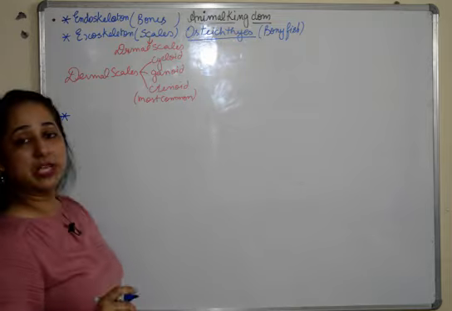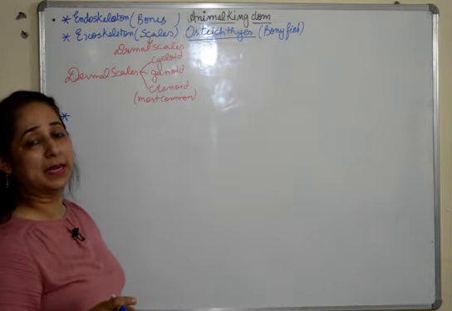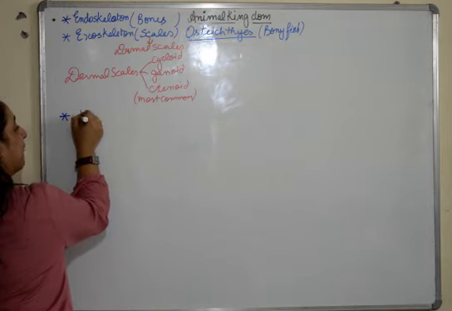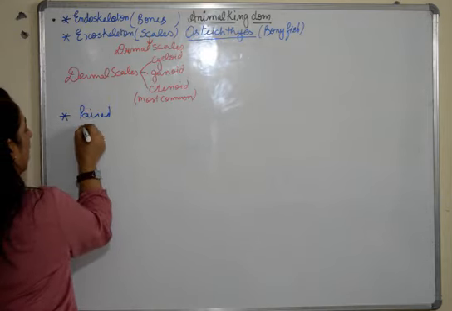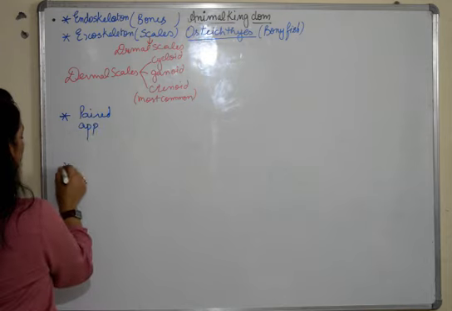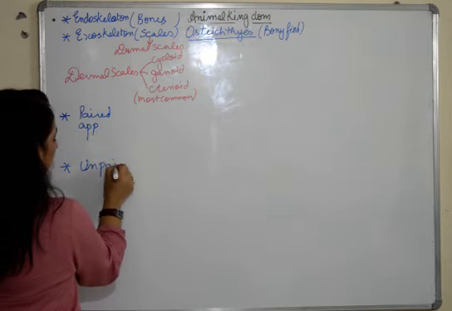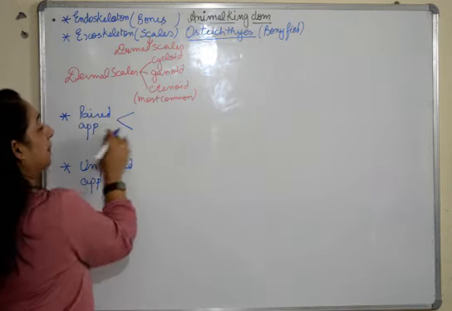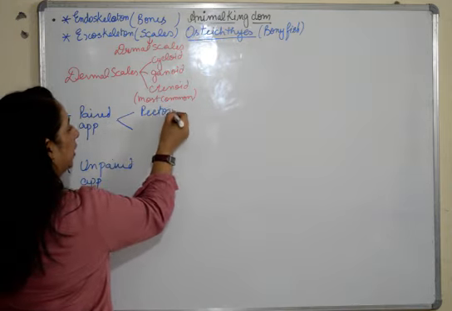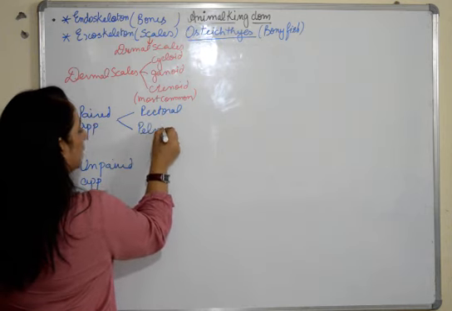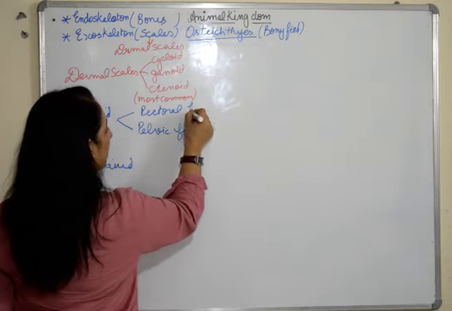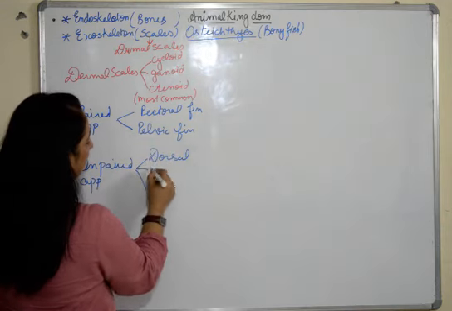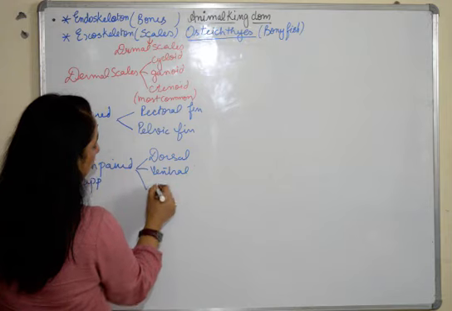The appendages which are present here are the same type of appendages as were there in the cartilaginous fish. So they have paired appendages and they also have unpaired appendages or fins. Paired are pectoral and pelvic fin, unpaired three types: dorsal, ventral and caudal.